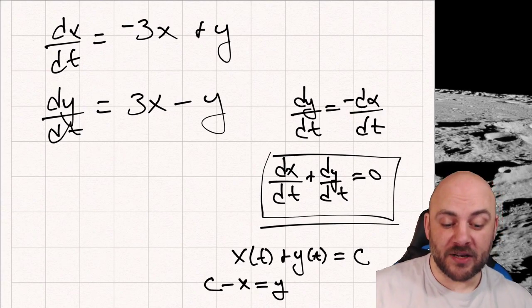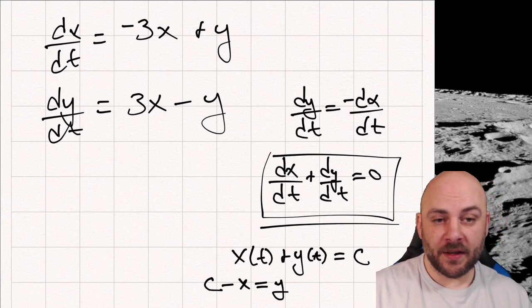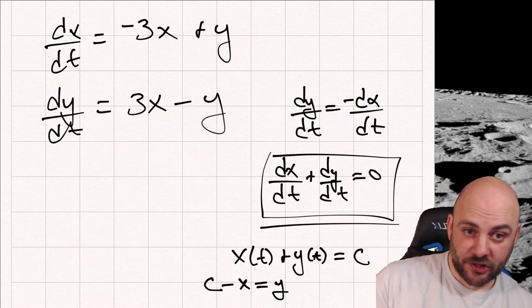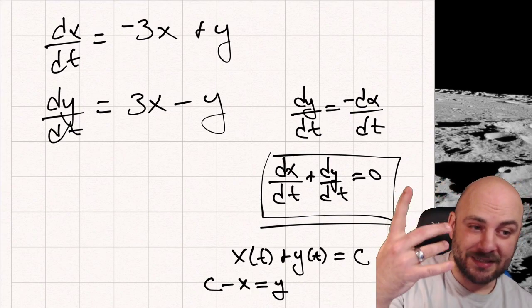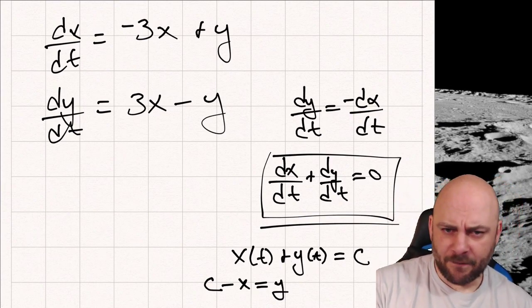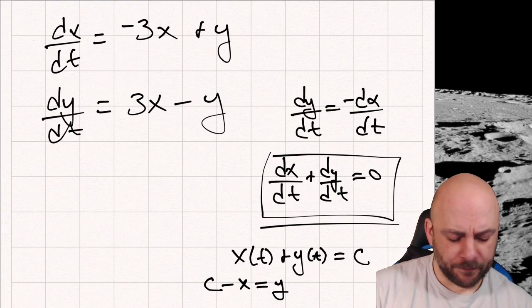There's redundant information. This is the hallmark of having one of your eigenvalues be 0, that there's a conservation law, meaning there's some sort of redundancy built in, or some sort of constant that's there that never changes, some conservation, okay?